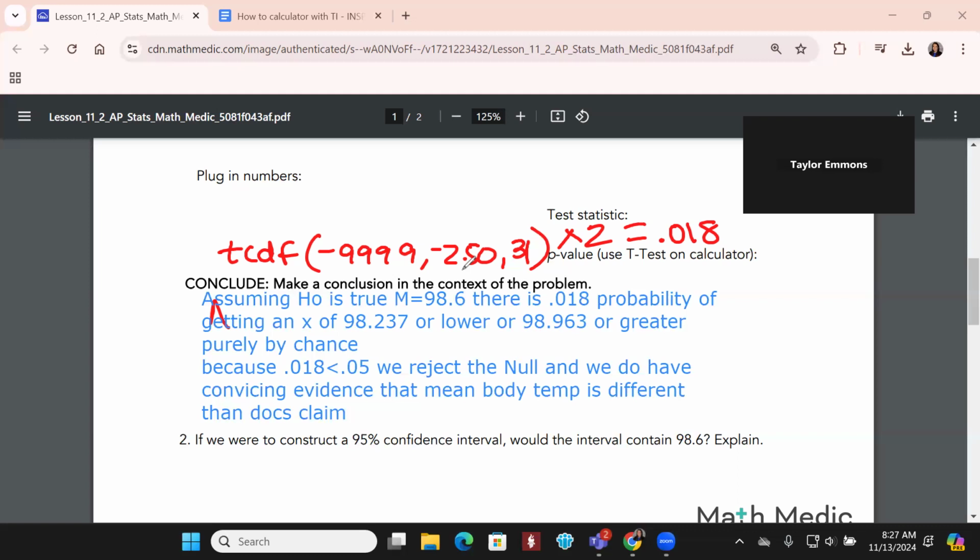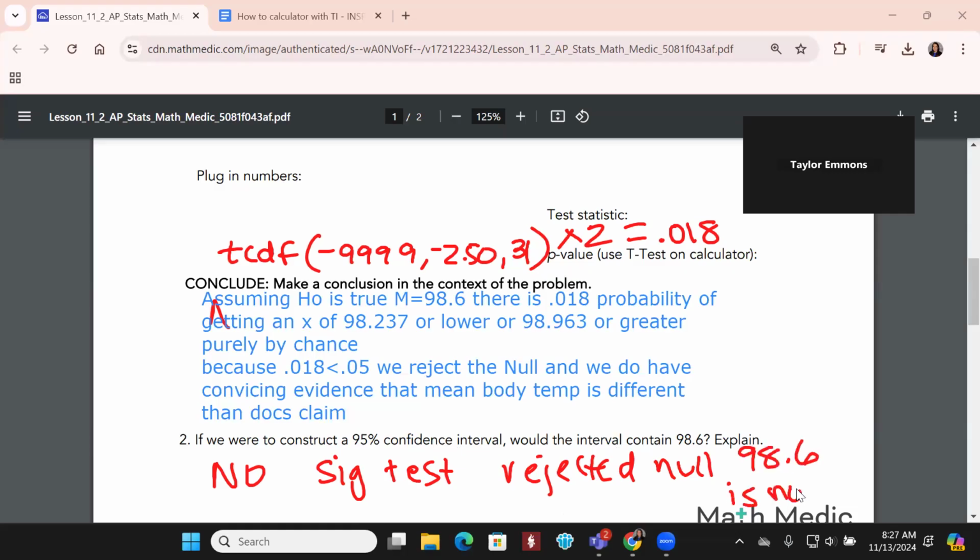Did we reject the null or did we not reject the null? So, no, it wouldn't contain 98.6 because the significance test that we just did rejected the null. And so 98.6 is not plausible.